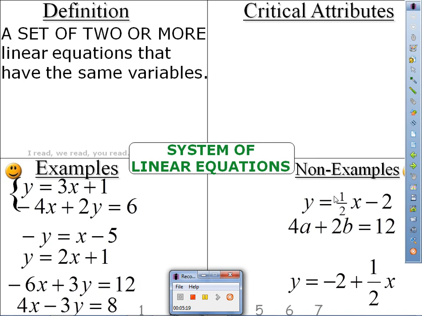So, Isaac, this one's not a system because there are two different variables, x and y, a and b. How about this one, Destiny? The x and y. Close. Fatima? There's no second equation. We need how many? Two or more. That's why this one's not a system.